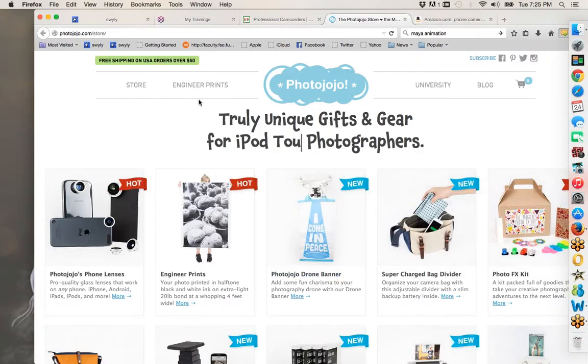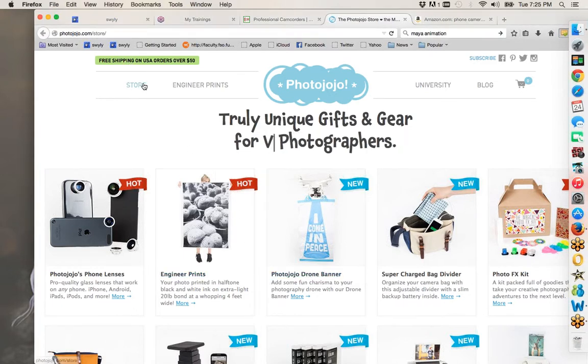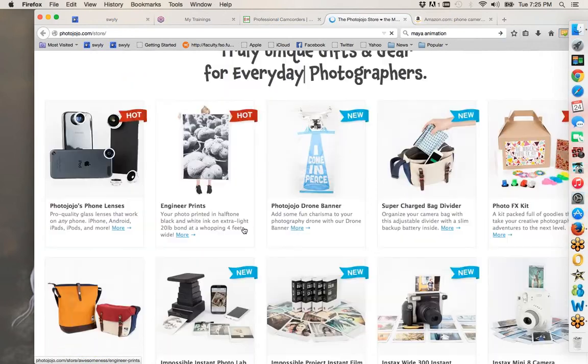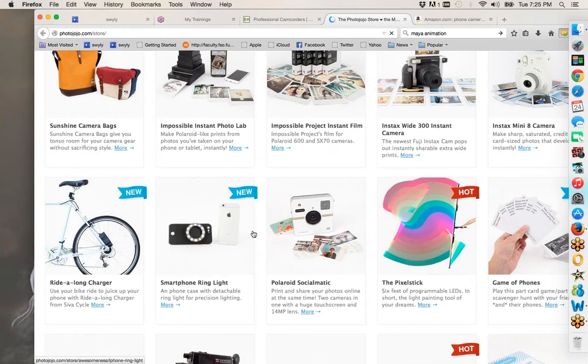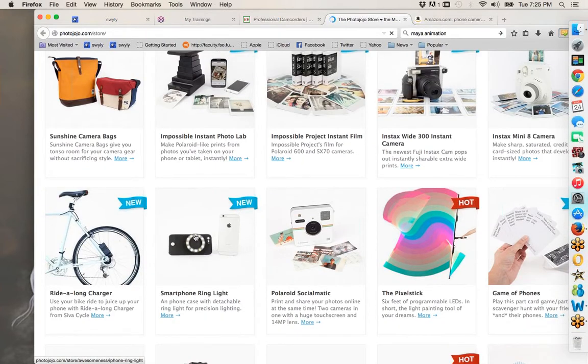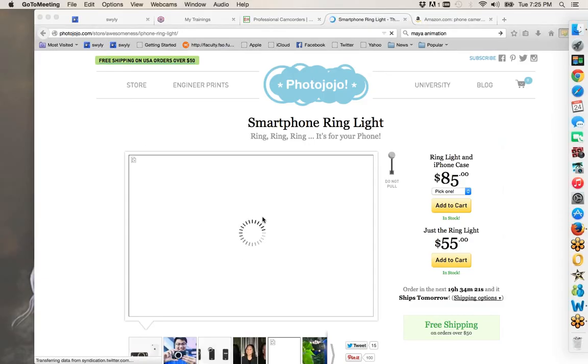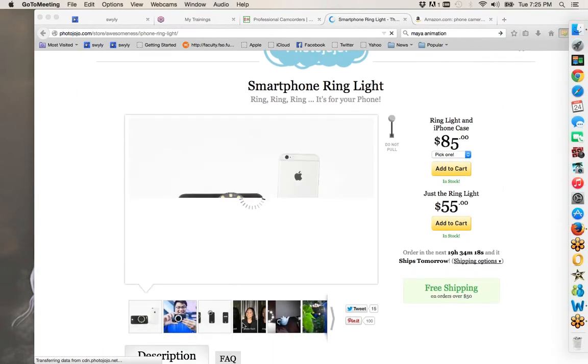who really are getting into more and more of the camera phone materials. Let me see if I can get into their store, because PhotoJojo has some really incredible things. This, for example, is just a ring that fits around your phone that lights so that you can get better lighting on any images that you're taking.